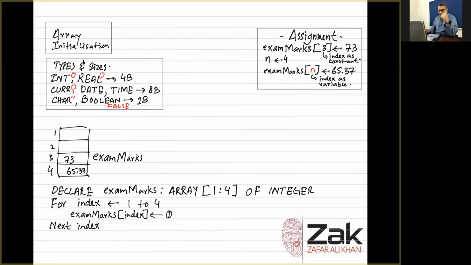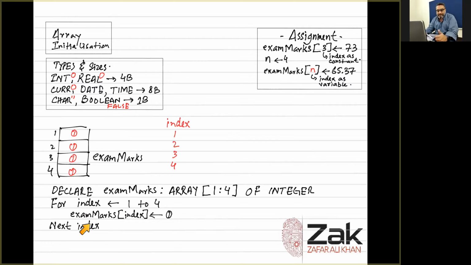Now, for this array, which is the exam marks array, we will run this for next loop. As we discussed, for next is the best loop. So this for would go from lower bound to upper bound, from 1 to 4. In the first go of this loop, the index will be 1, so exam marks 1 will become 0. Then the next index will become 2, then this would become 0.